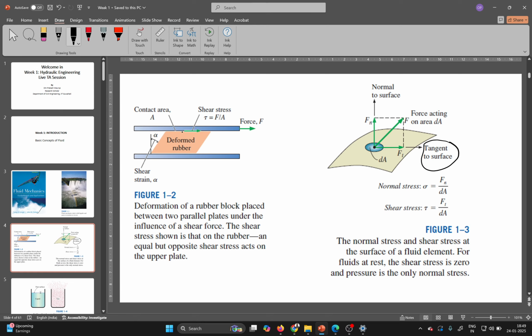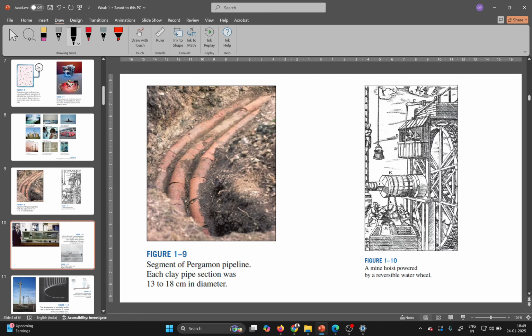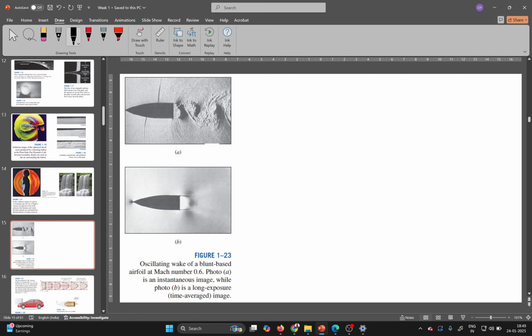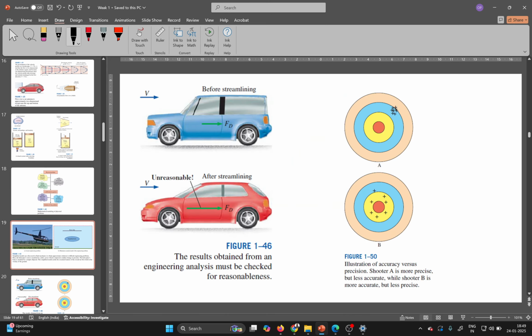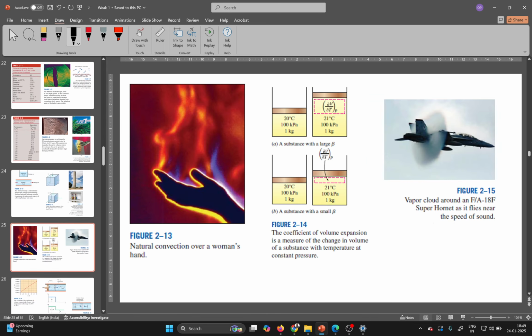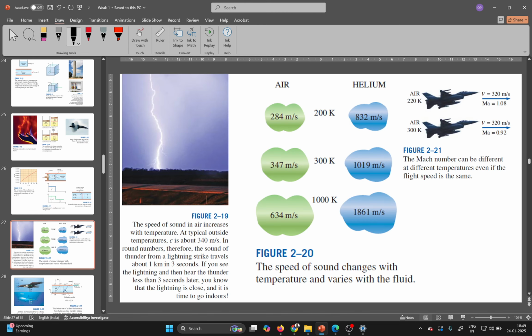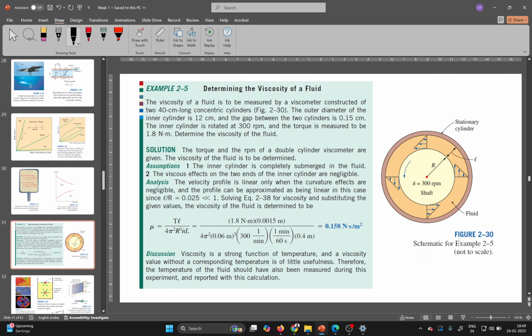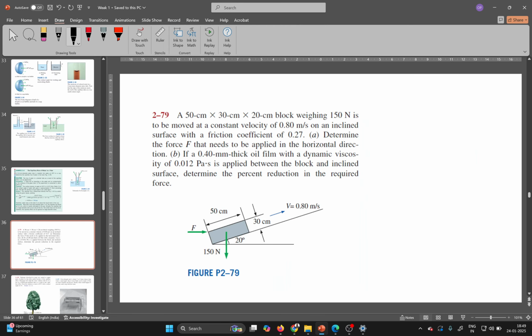Here you can see the shear stress is the stress parallel to the surface. Like that, I just want to go with the questions, because you already know such simple concepts.